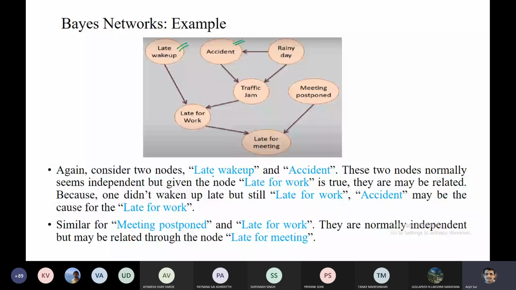Similarly, meeting postponed and late for work. This node and this node look not that much dependent. They are normally independent, but may be related through the node late for meeting. Okay, so this is the way we have tried to understand this particular network.